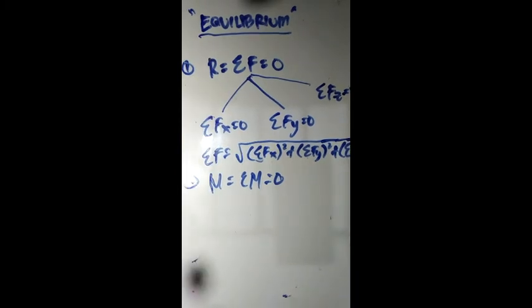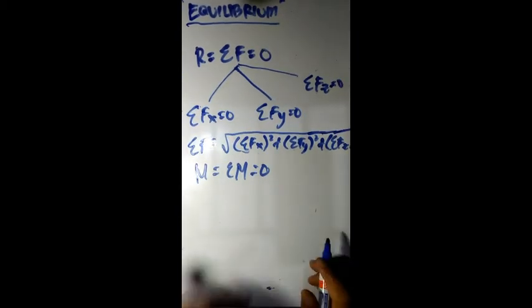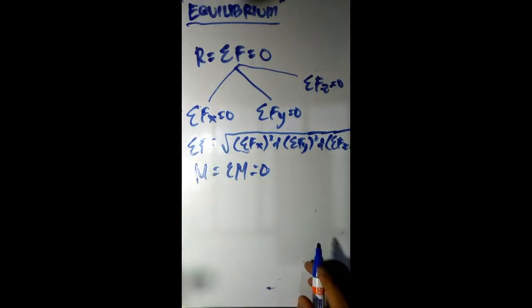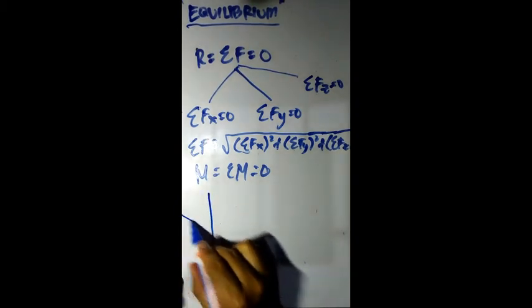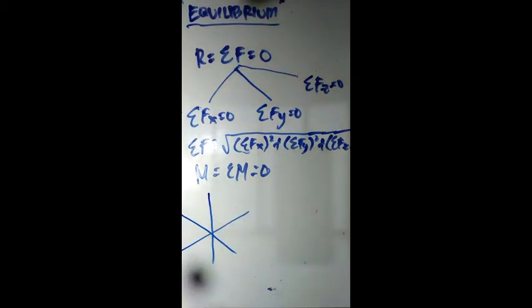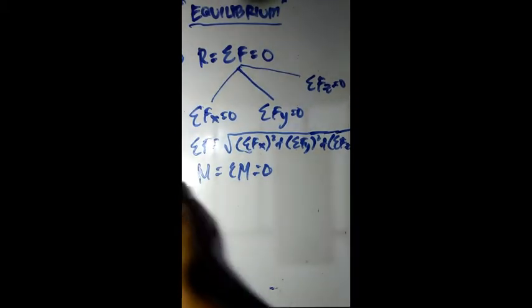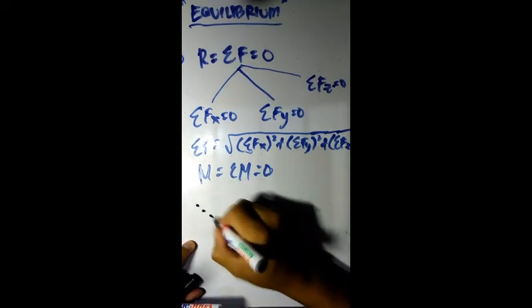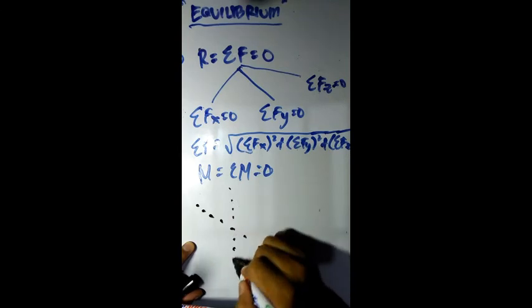So next thing, lahat ng physical bodies ay three-dimensional, right? Pero take note, kapag yung isang force ay nag-exist or nasa isang plane lamang, pwede nating i-analyze yung structure na yan or yung body na yan as in two-dimensional. For example, let me change this. For example, consider this axis.